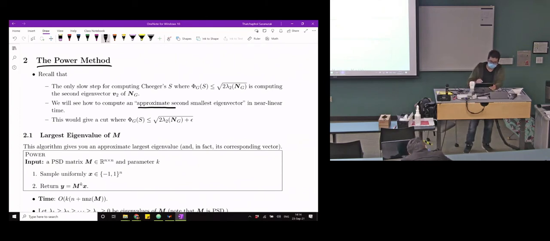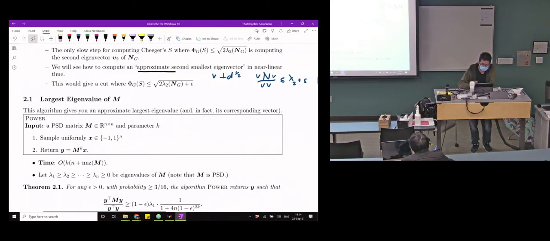By approximate one, I mean one that is still orthogonal to the degree vector, but the ratio here is close to lambda 2. Okay. We want this one.